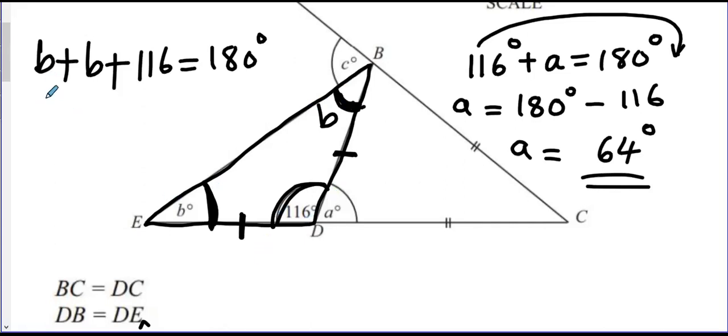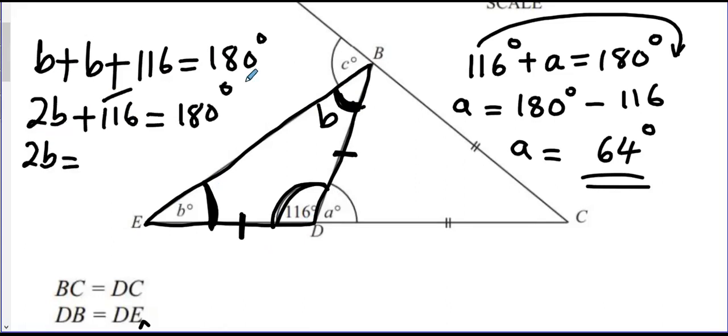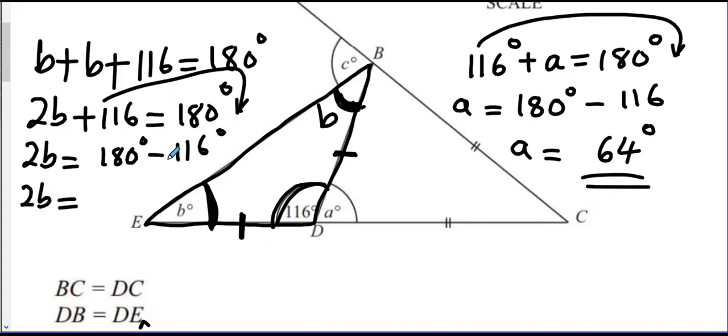So B plus B is 2B, plus 116 equals 180 degrees. To find the value of B, 2B equals 180 minus 116 degrees, so 2B is 64 degrees. To find B, you need to divide by 2, so B will be equal to 32 degrees.